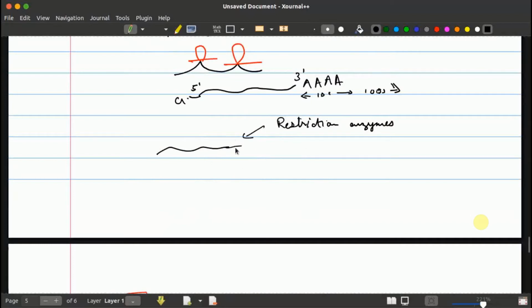So restriction enzymes are actually cutting it. They are degrading RNA molecules all the time. So the purpose of the poly A tail and this G cap is for directionally guiding it so that the ribosomes can recognize it. This poly A tail is to prevent early cutting by restriction enzymes.